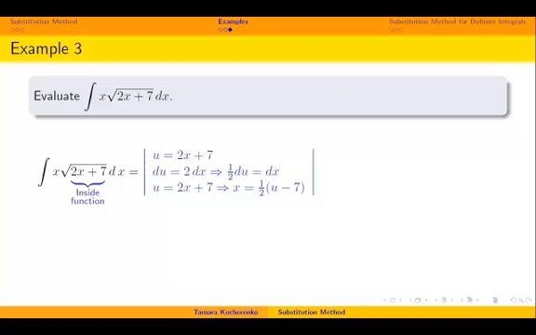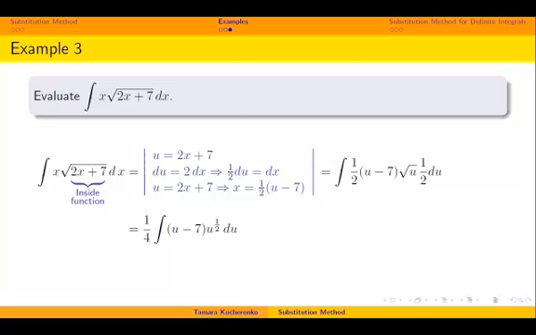Now we can carry out the substitution. We obtain the integral of 1/2 (u minus 7) times square root of u times 1/2 du. This simplifies to 1/4 integral of (u minus 7) times u to the 1/2 du.